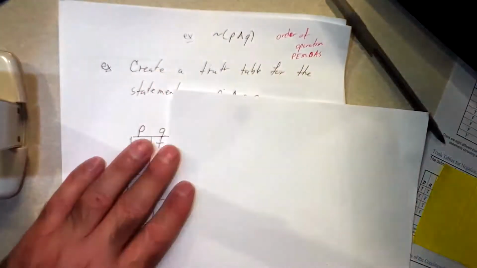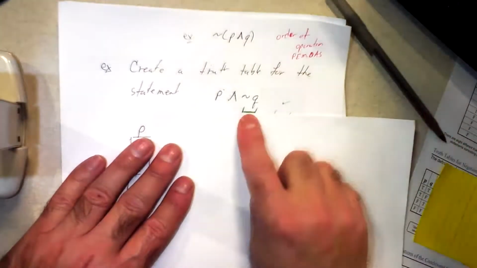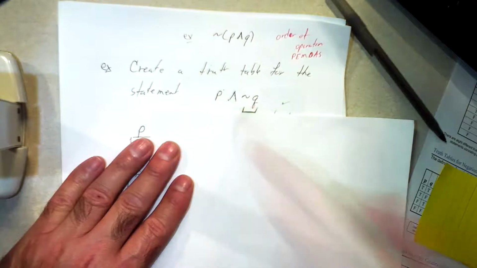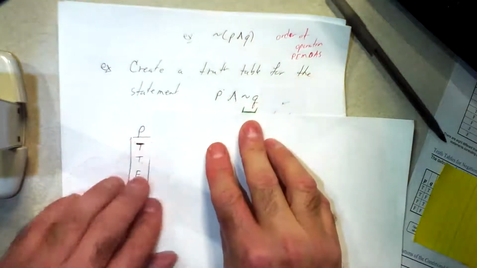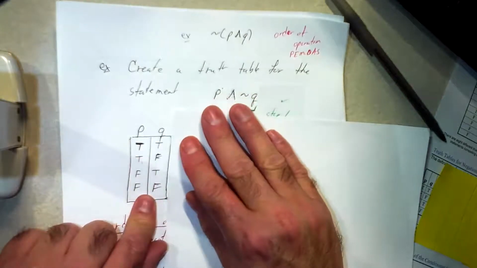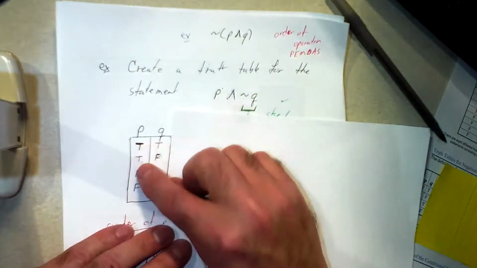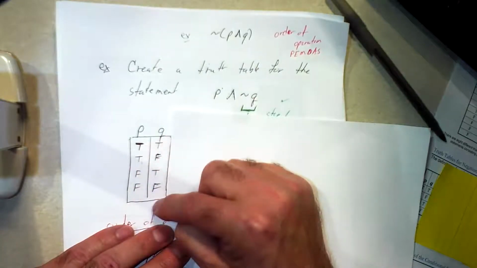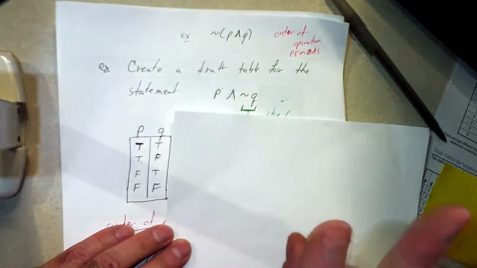Remember, look at the problem. How many variables do I have? I have a P and I have a Q. So that means I have two variables. So I'm going to do a two variable truth table. TT, FF, TF, TF. That's what you start with, because you have two variables.